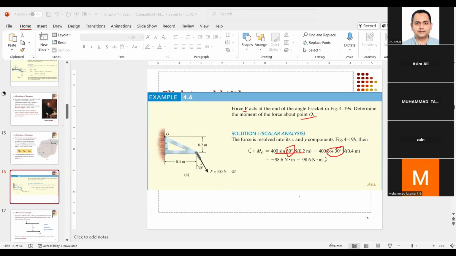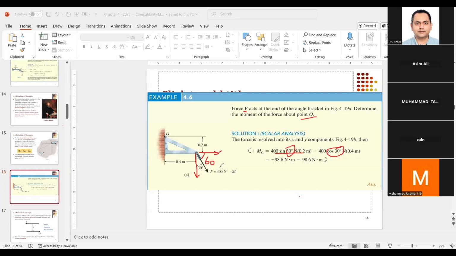So it means that, let's resolve this one into two components, and I want to use this angle, which is 60 degrees. If I use this angle 60 degrees, then my horizontal component will become what?